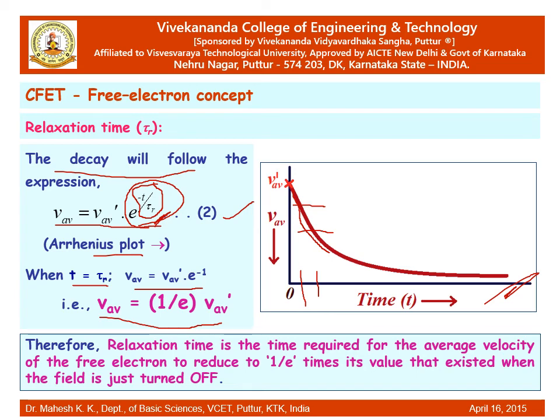Then as time passes, the decrease is lesser and lesser. By definition, relaxation time is the time required for the average velocity of the free electron to reduce to 1 over e times its value that existed when the field was just turned off.